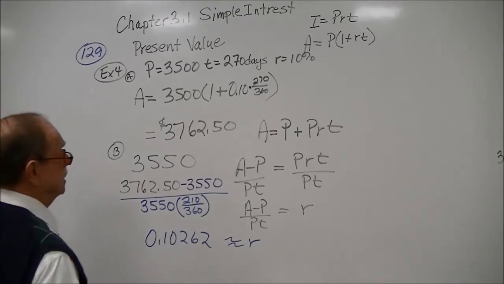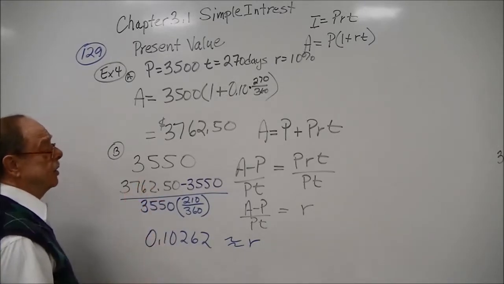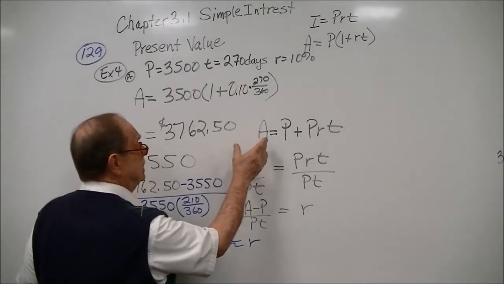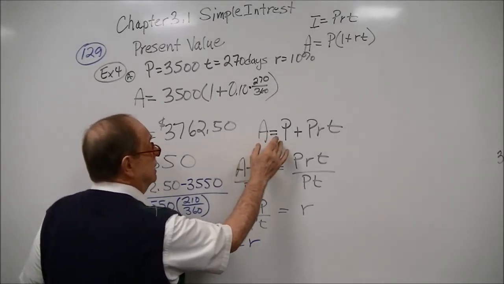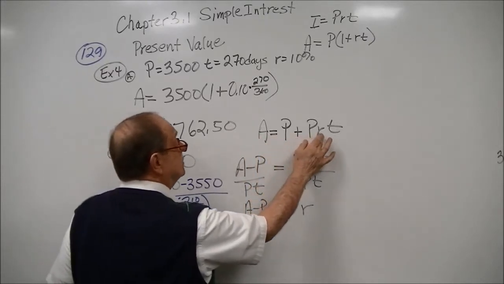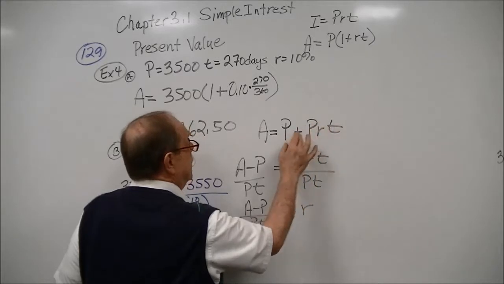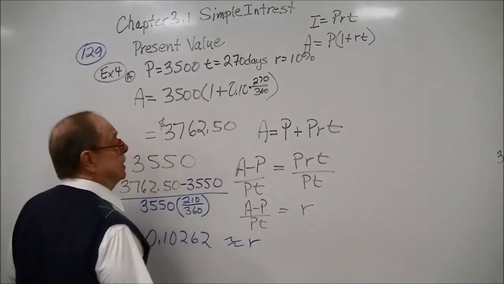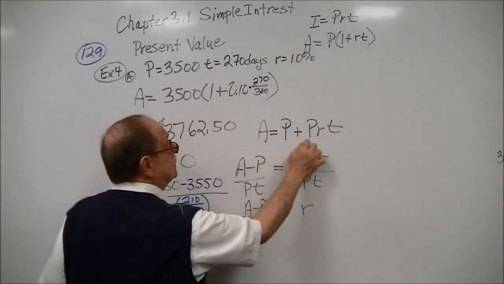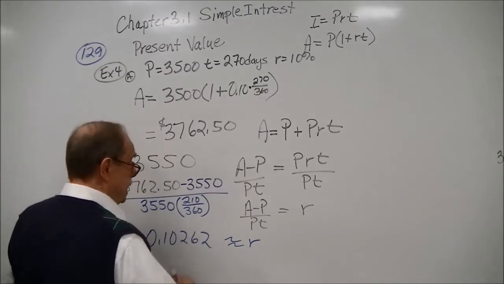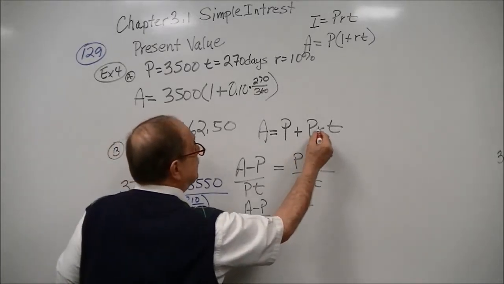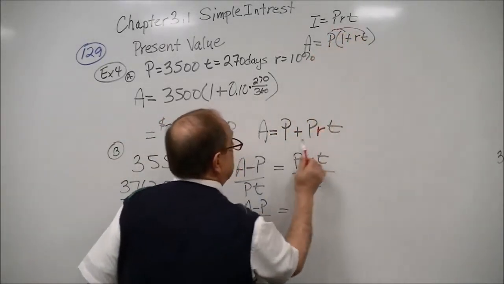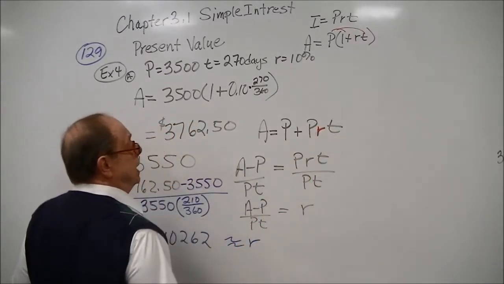Okay, for this, we're going to go back to one of our earlier formulas in which we said the A, which is that future amount, is equal to the principal plus the principal times the rate times the time. That we then factored out the P and got this formula that we use very frequently. But now what we want is from this formula to solve for the rate. So what I'm going to do is distribute this back and get this, because I want to isolate the rate.